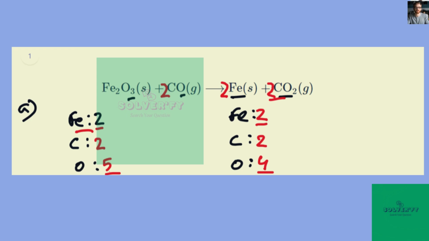Now we need more oxygen on the product side, but we cannot have 5 oxygen on the product side since the number of oxygen we can have here is a multiple of 2. So what we can have here is 6 oxygen. So we can place a 3 here, and 3 times 2 will give us 6 oxygen.